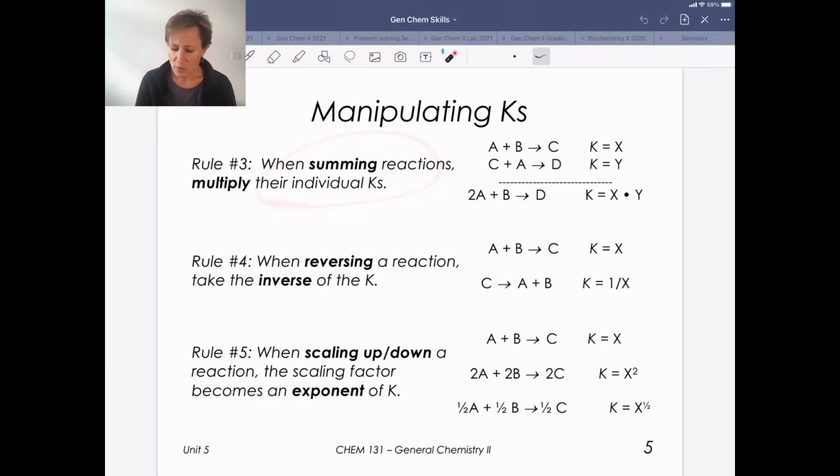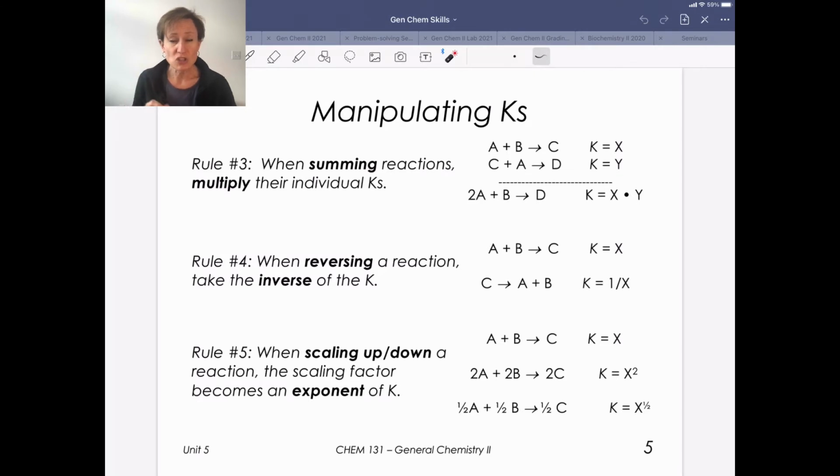Again, if we sum reactions together, noticing that things like the C here, which is an intermediate, will be canceled out, we get an overall reaction. That was like what we did when we did Hess's law. But while in Hess's law we added up our enthalpy values, here we multiply together our equilibrium constants.